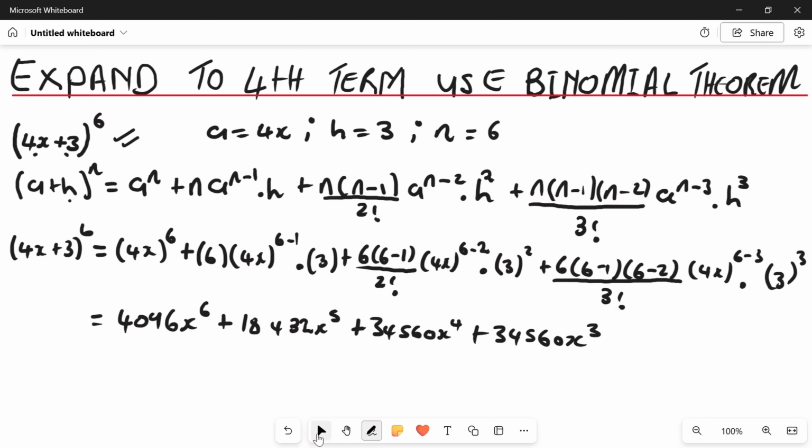Guys, this is how you do this one here. It wasn't really that difficult. All you need to know is how to use your binomial theorem, guys. Okay, so these terms here, there are 4 terms: 1, 2, 3, and 4. This is what they wanted you to expand the expression there.